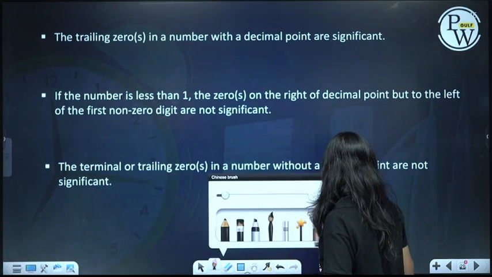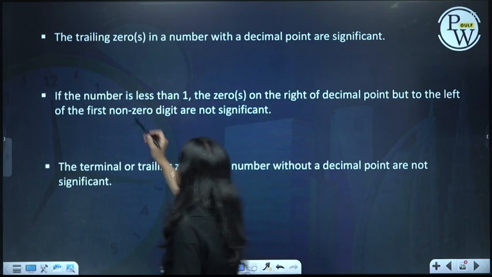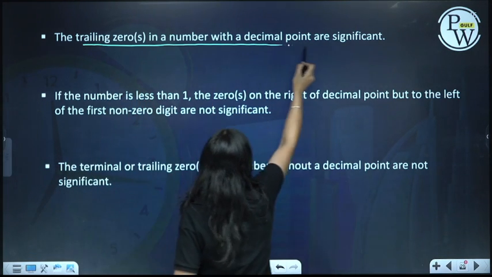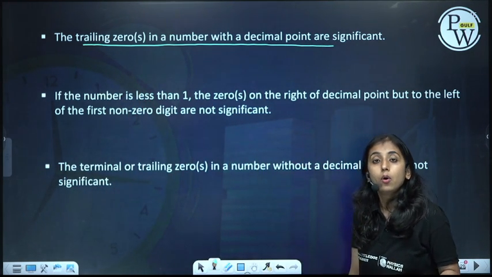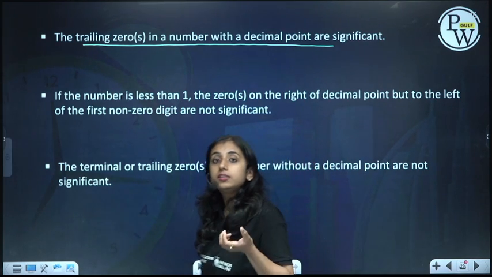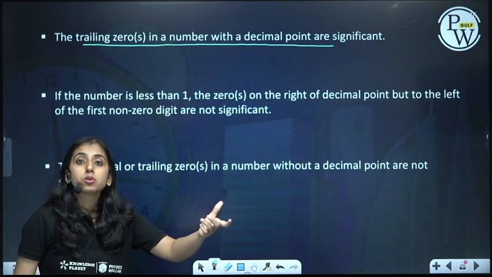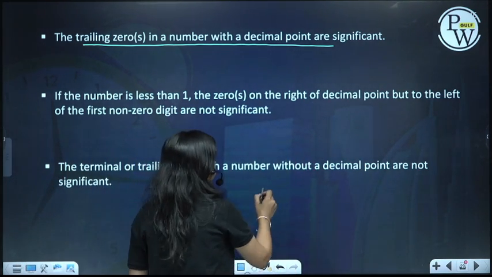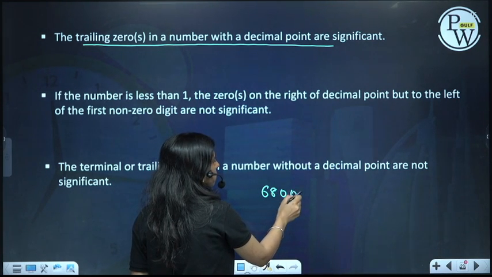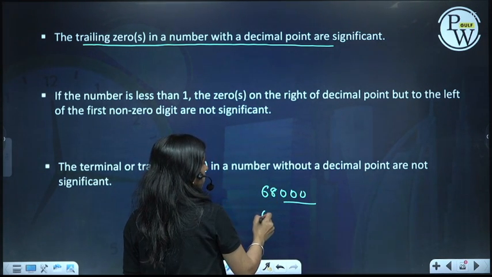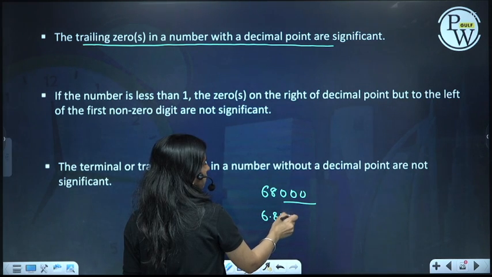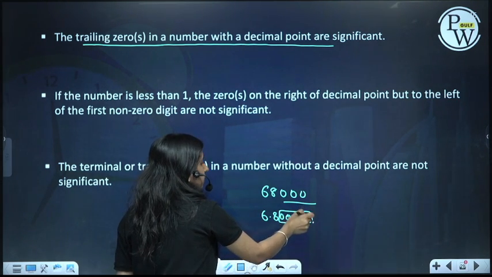See the next rule. The trailing zeros in a number with a decimal point are significant. What are trailing zeros? The zeros that come at the end of a number. Like if we have 68,000, these are the trailing zeros. If we have 6.800000, these are my trailing zeros.